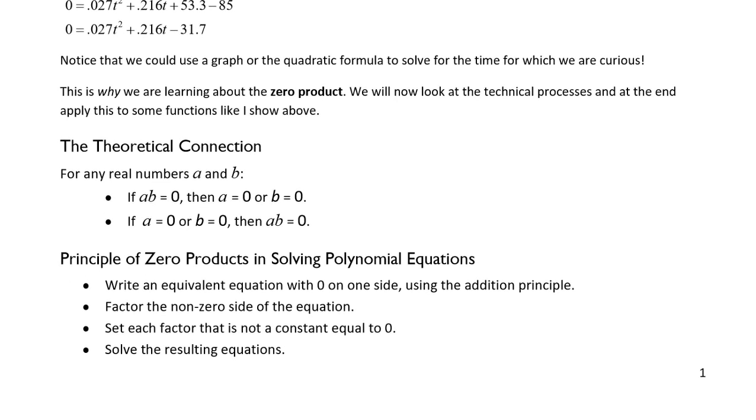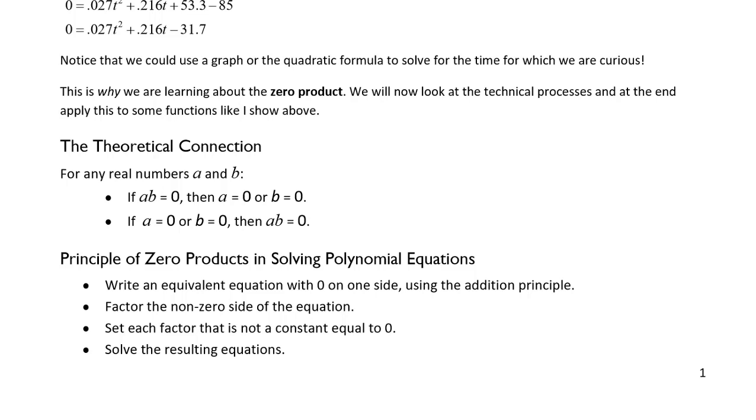So before I let you go, I want to connect it to the theoretical ideas behind zeros of a polynomial. If you have a zero equal to some product of variables, then we know that either the first factor or the second factor has to at some point equal 0, or it won't make any sense.